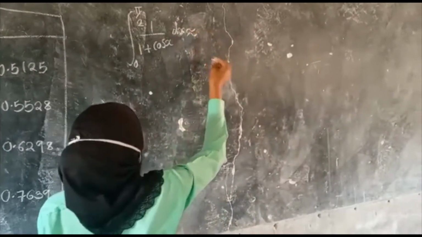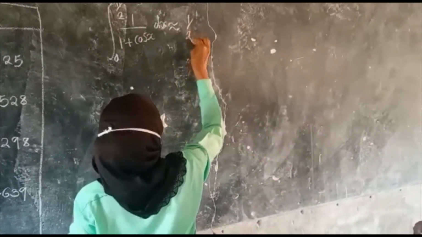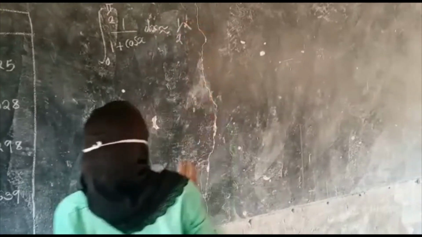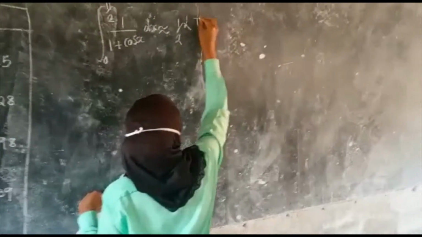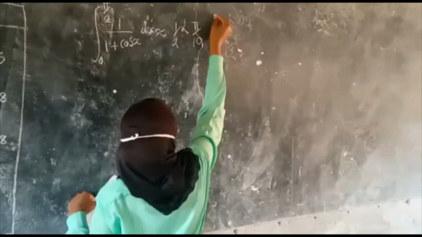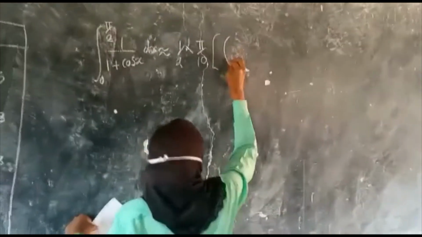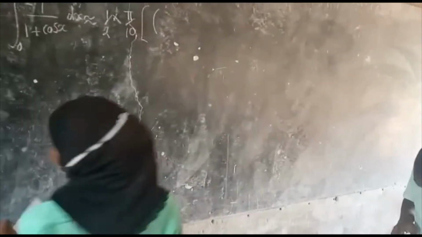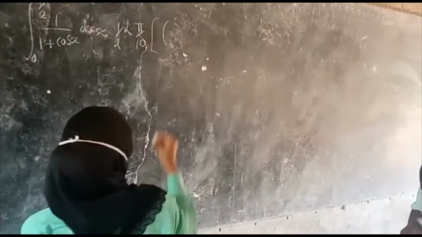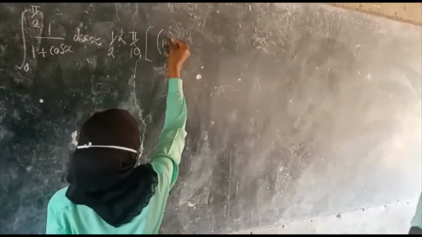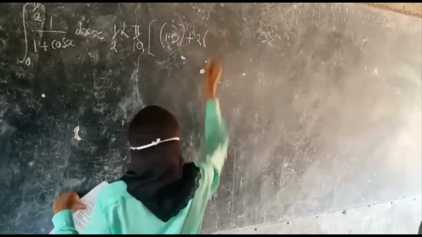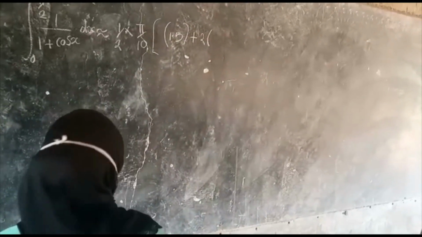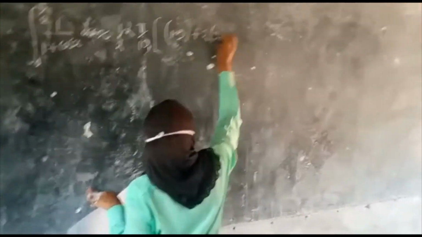It is approximately, the formula is a half times the height, and our height was pi over 10, times the summation of the values that don't repeat themselves, which is 1.5, plus 2 times the values that repeat.